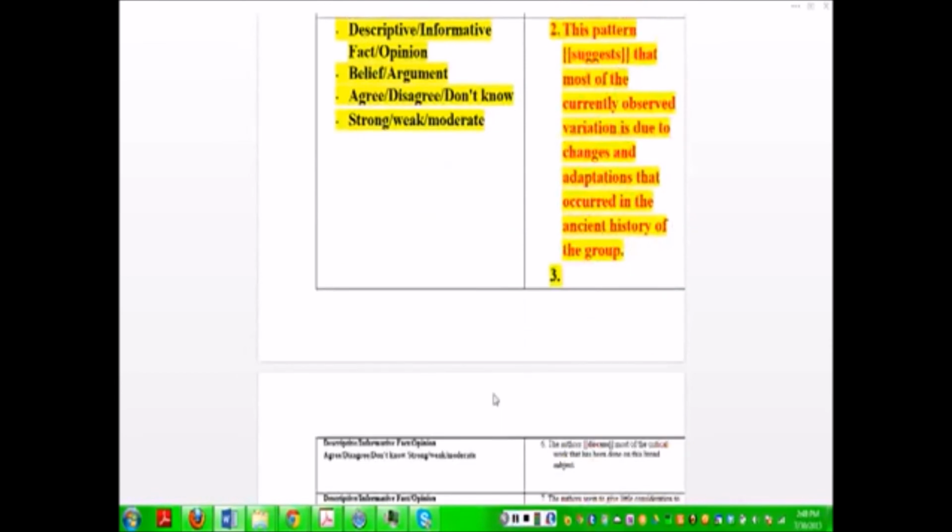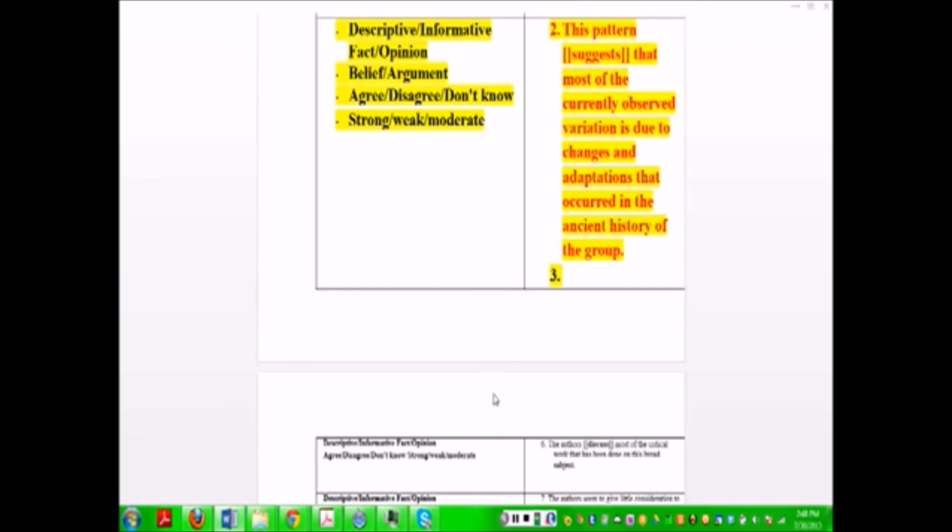So the third example says number 2, but it's actually 3, is this pattern suggests that most of the currently observed variation is due to changes and adoptions that occurred in the ancient history of the group. And so suggest is an informative reporting verb, and it takes a that clause. Now, suggest could be used as a descriptive reporting verb.